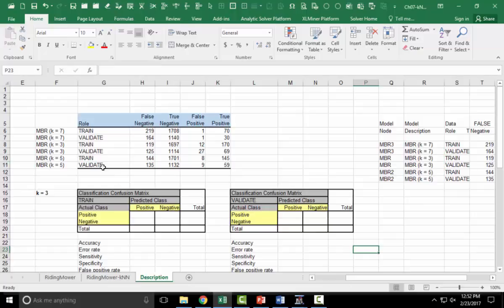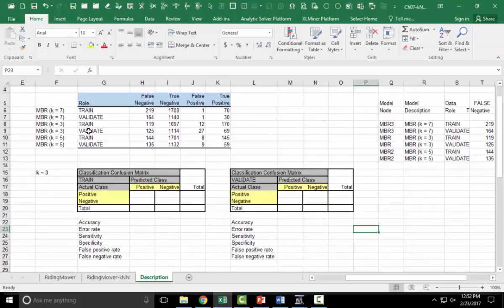Alright. So now from this we can populate these 2 confusion matrices. So for k equal to 3, these are the 2. So to make it easier for us to differentiate, how would you populate this based on these numbers?